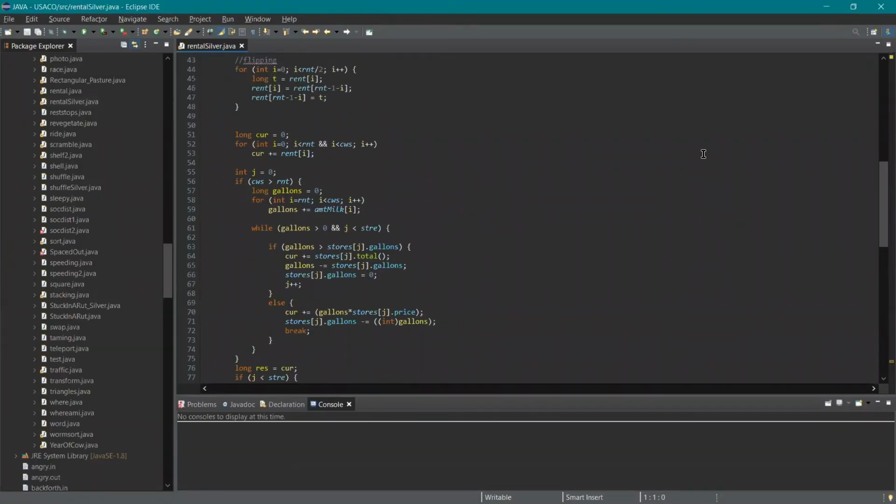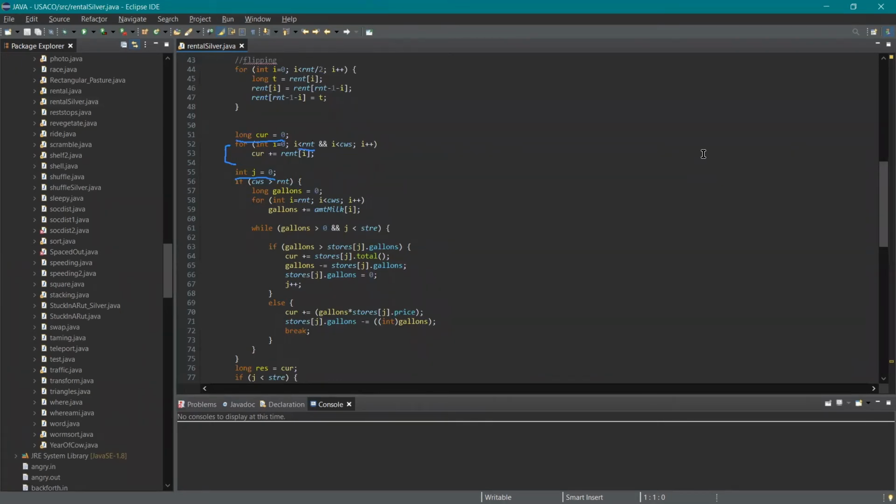Sorry for the jump here. We have long current. This is our placeholder for a result. We do current plus equals rent i all the way up to the lowest point, which would be rent here. We do this first so that we can just add up everything we have. In the second part, we'll start subtracting. Here, int j is for moving on to the next store.